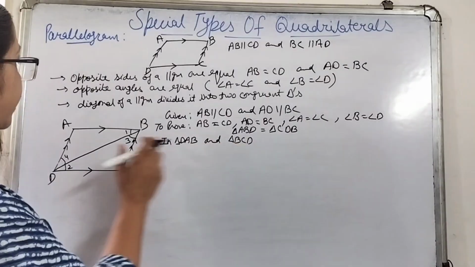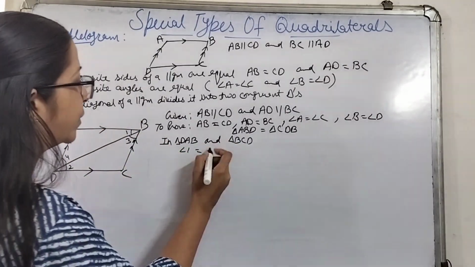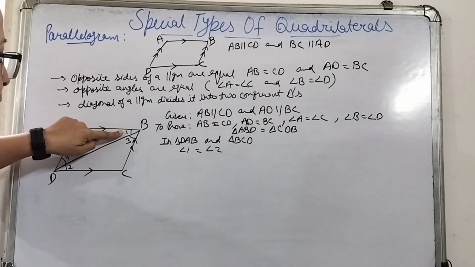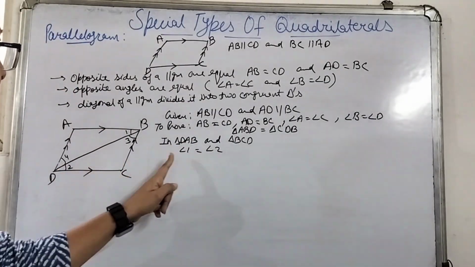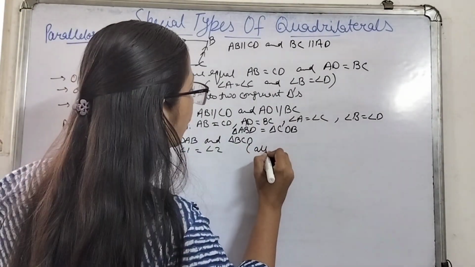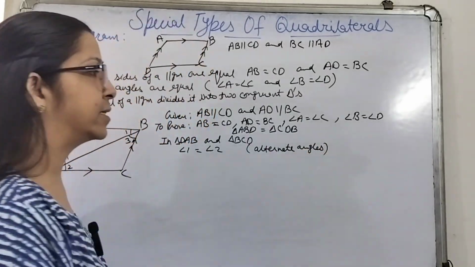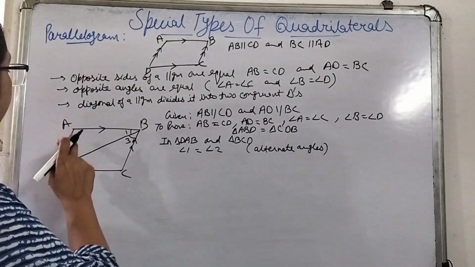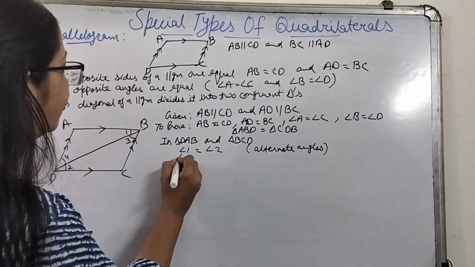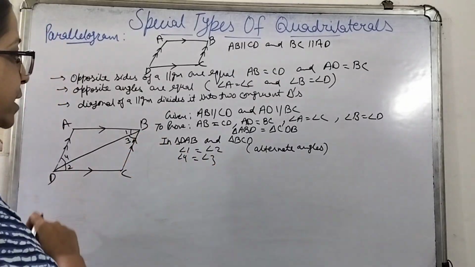In these two triangles, angle 1 is equivalent to angle 2. Angle 1 of triangle DAB, in this triangle angle 1 is coming, and in this triangle angle 2 is coming. So angle 1 is equivalent to angle 2 because they are alternate angles. Similarly, angle 4 of triangle ADB is equivalent to angle 3 of triangle BCD.